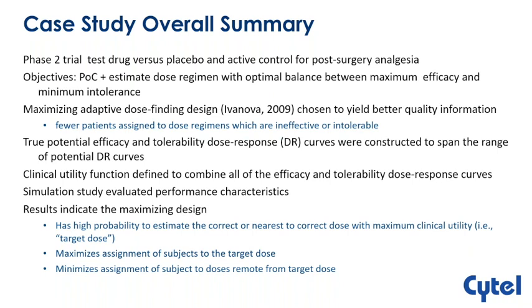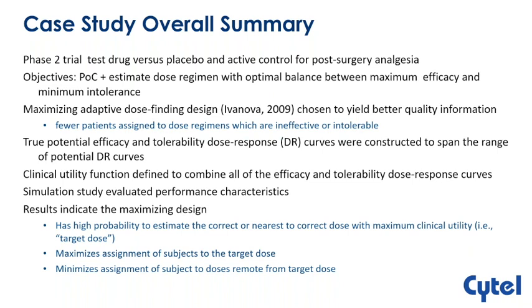And so then we computed the utility functions according to his specification, using his specification to combine the efficacy and tolerability curves. And then we simulated and reported the performance characteristics, and the trial was carried out.